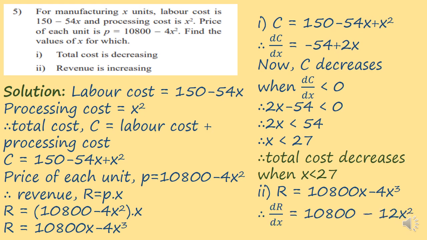Now the second case, R is equal to 10,800x minus 4x cube, that is the revenue function. We want to find when the revenue is increasing. So we just find the derivative of the revenue function, that is 10,800 minus 12x square. Then we say that R increases when dr by dx is greater than 0.